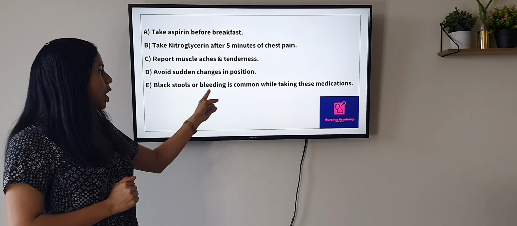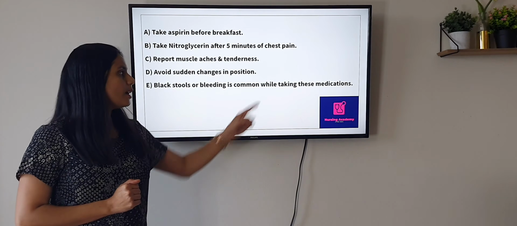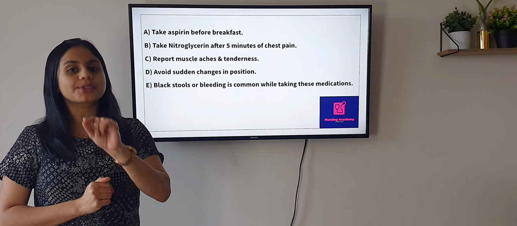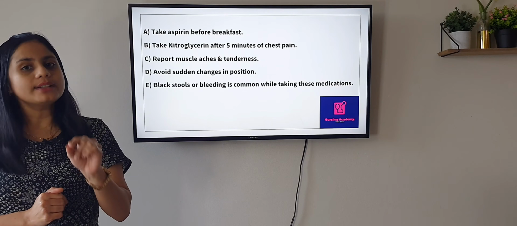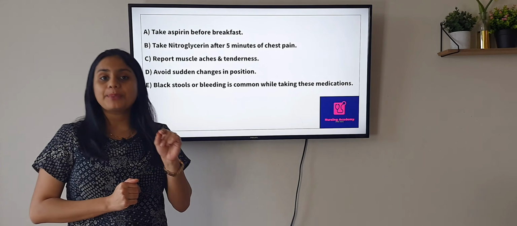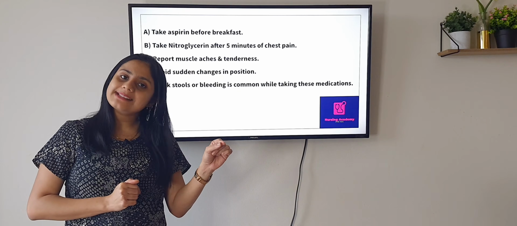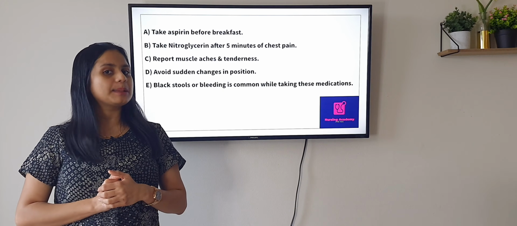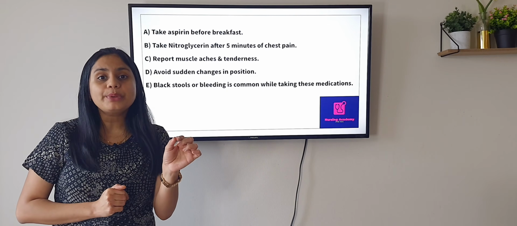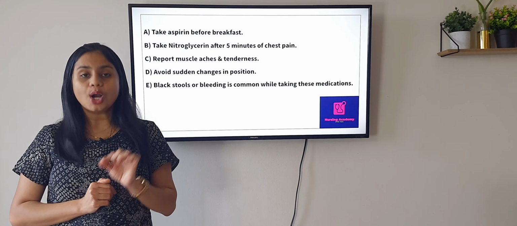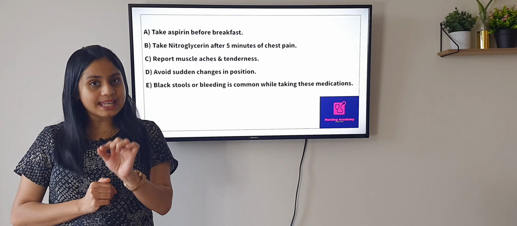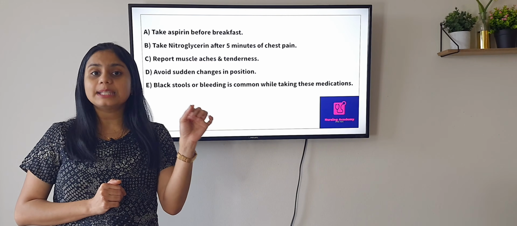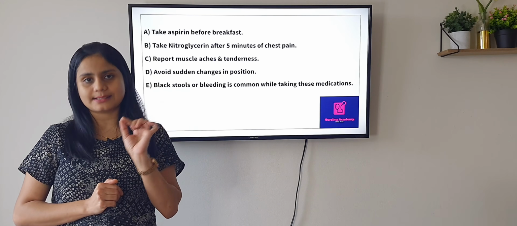Then let's go to option number E. Black stools or bleeding is common while taking these medicines. No guys, this is wrong. What are the medicines that the patient takes which make the patient vulnerable to bleeding? Yes, here the patient is taking aspirin or clopidogrel. What are these drugs? They are antiplatelet drugs that make the patient bleed.